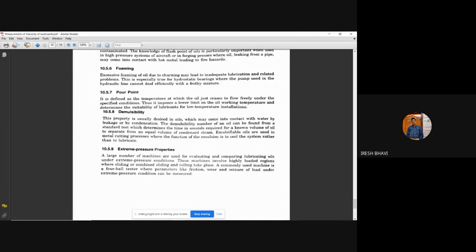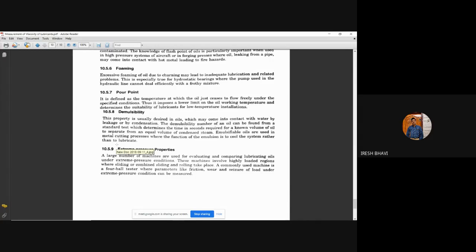Next one is extreme pressure properties. Means what? When you are using a lubricating oil and pumping it with the help of an external pump, you are increasing the pressure of the lubricating oil. When you increase the pressure, as you have seen in the previous effect of pressure on the lubricating oil, viscosity goes on increasing.